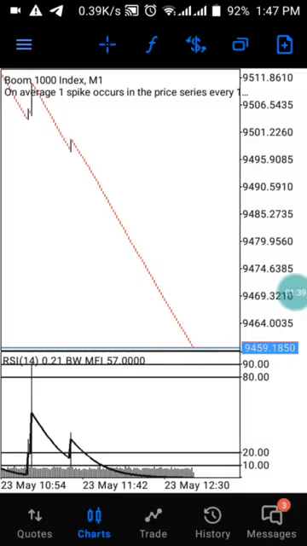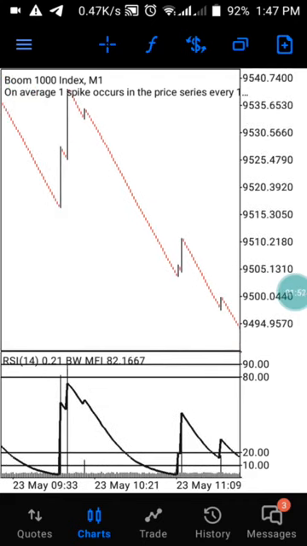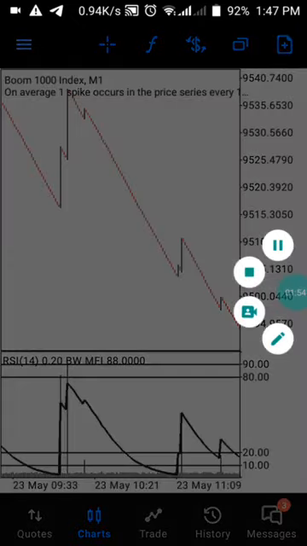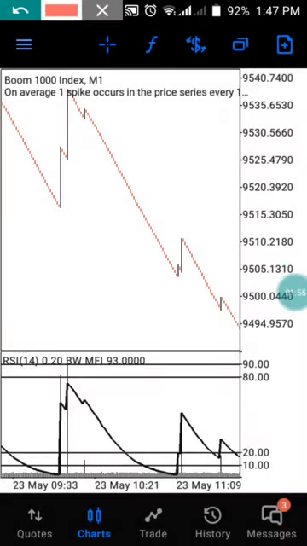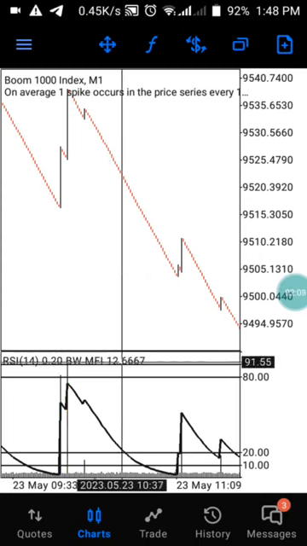Now let me show you how you can implement this strategy and scalp the market on Boom 1000, and you can also use it to scalp Crash 1000. One thing you need to understand is the movement of this indicator window. This is the Market Index, the very thick line at this particular spot.